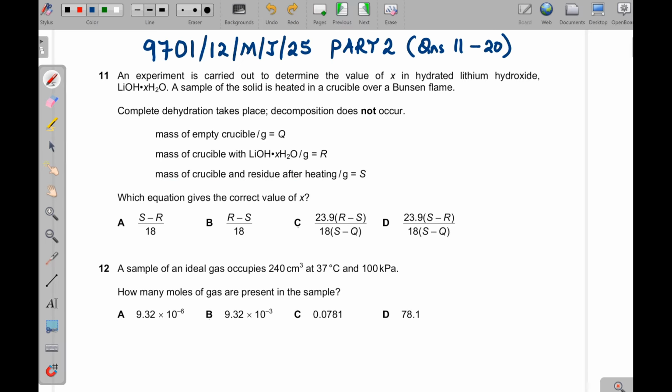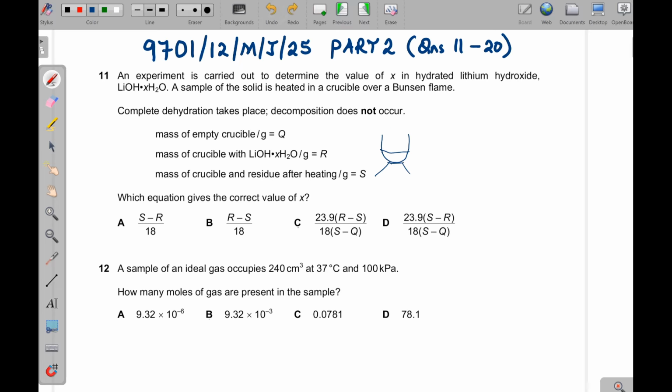So you get your crucible here, you put it on the Bunsen flame. When you put it on the Bunsen flame, it is going to heat up and then the water will disappear. That means what you will remain with here is lithium hydroxide and the crucible.